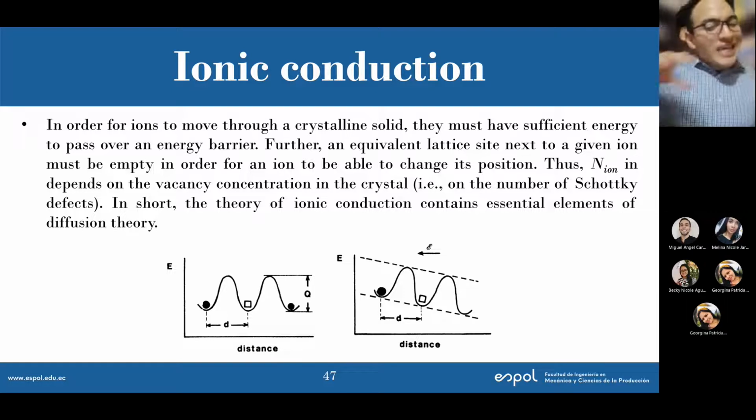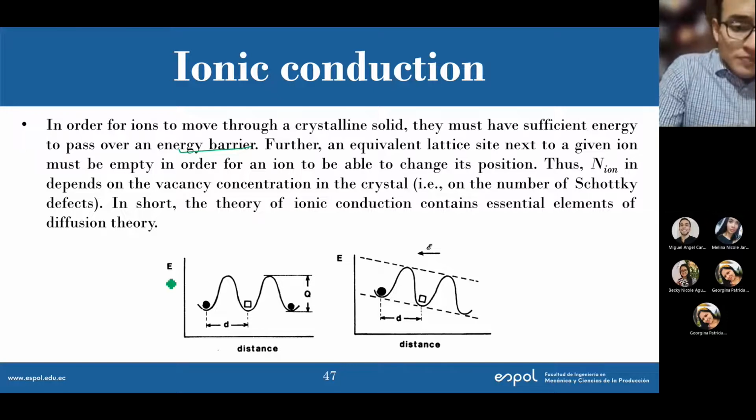So we're not talking here, and this must be clear, about going from one band to another band. This is actually within my solid, hopping or jumping or moving from one lattice site to another. And to do that, they need to overcome an energy barrier.